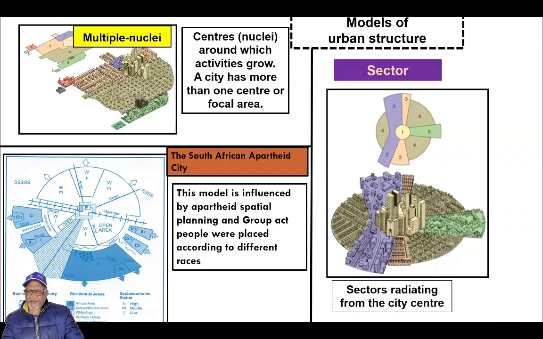Now, what we have here is what we call models. So these questions on models could come in short questions, they could come in long questions. So what you need to know is that we have models, and what these models represent.